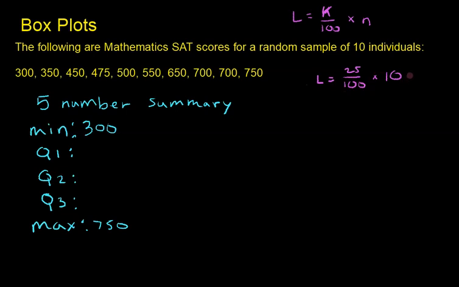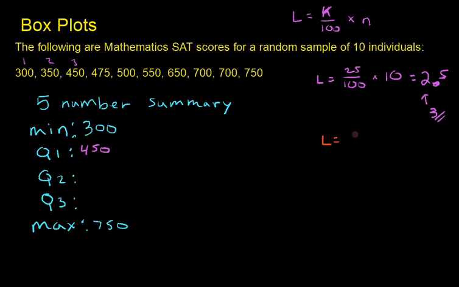That's 0.25 times 10, which is 2.5. And remember, when L is a decimal, you round up. So we look for the third observation. 1, 2, 3. This data is already sorted, so the third is 450.